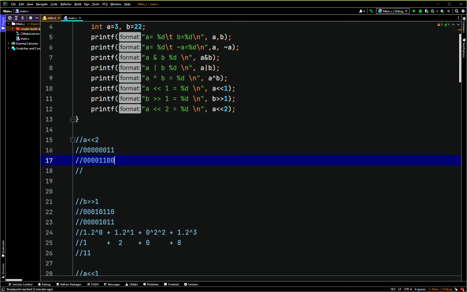So then we're going to have 2 to the power of 0. So 0 times 2 to the power of 0 plus 0 times 2 to the power of 1 plus 1 times 2 to the power of 2 plus 1 times 2 to the power of 3. 0, 1, 2, 3.